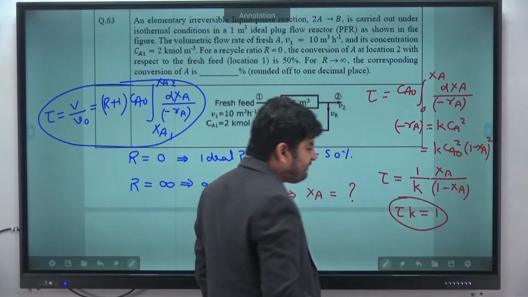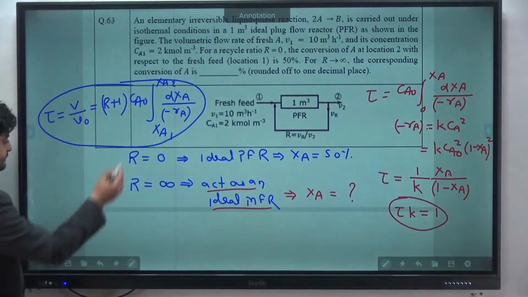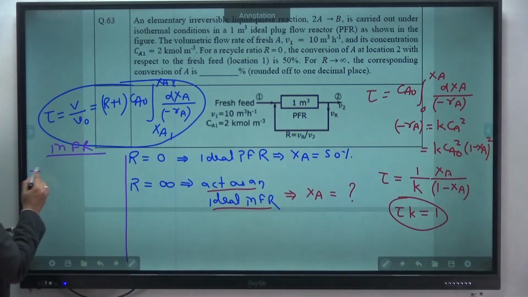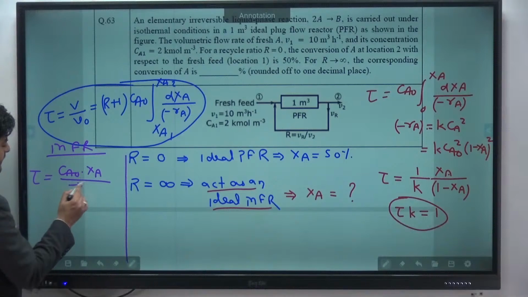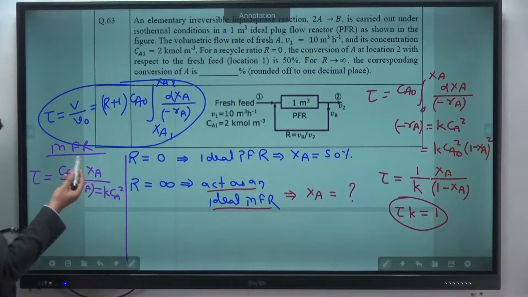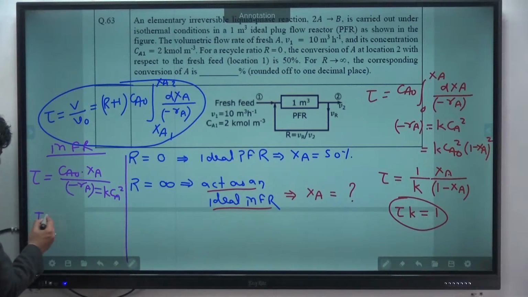Here you can put Xa equal to 0.5, so you will get tau K equal to 1. Okay. Now if I talk about the MFR, the design equation is tau equal to Ca naught Xa over minus Ra, which is equal to K Ca square. For a constant volume reaction system, liquid phase reaction, Ca equals Ca naught times 1 minus Xa.